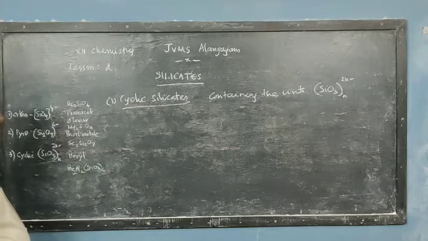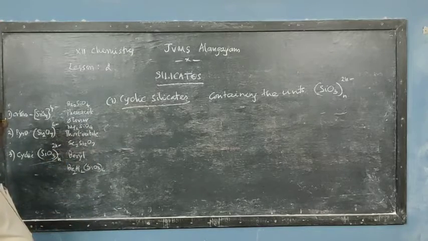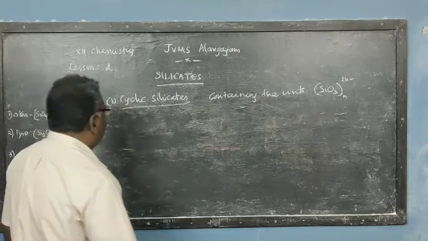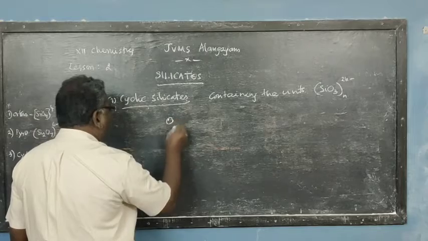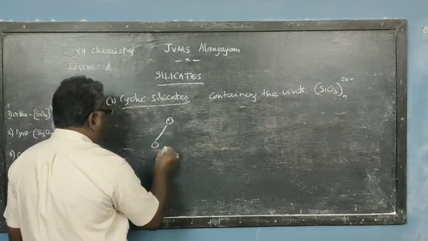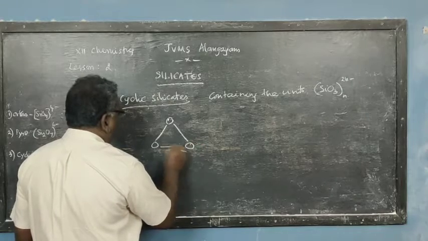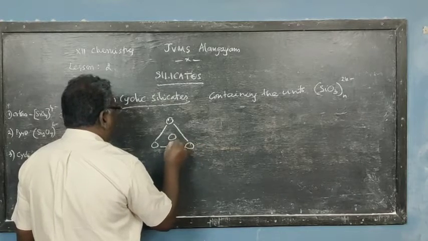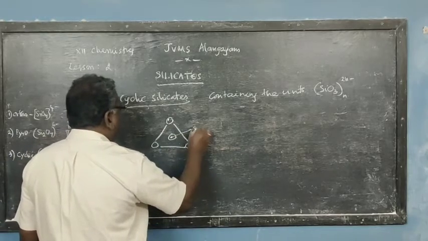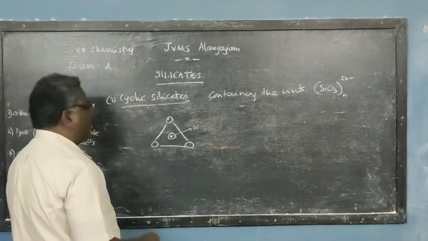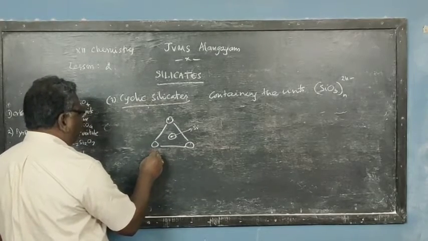Now, how to draw the structure for these cyclic units, okay? And it goes like this. We have one SiO3 unit like this. So this is Si, right? And the second one goes like this.